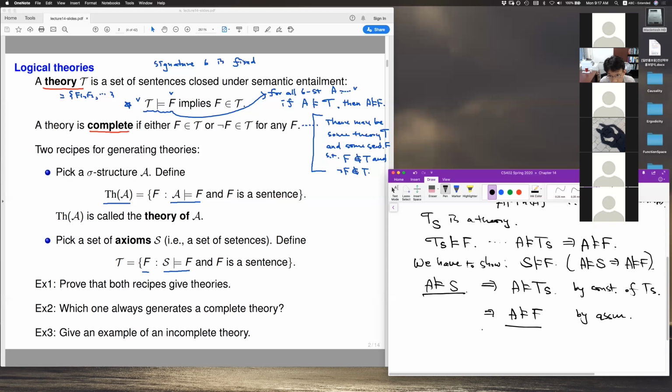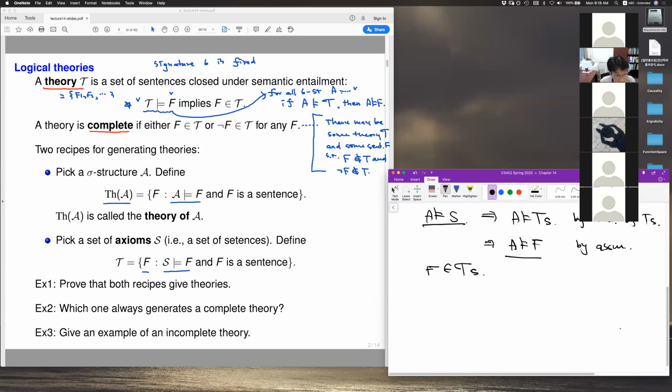So this means that F now belongs to T of S. That shows that both of them are theories. And then for the second question, the complete theory is TH of A.